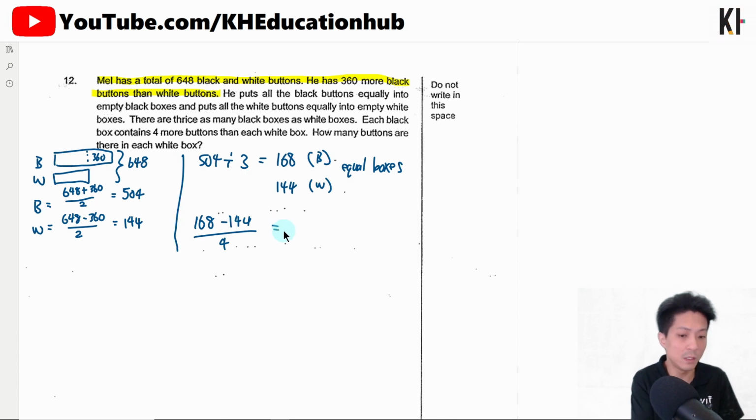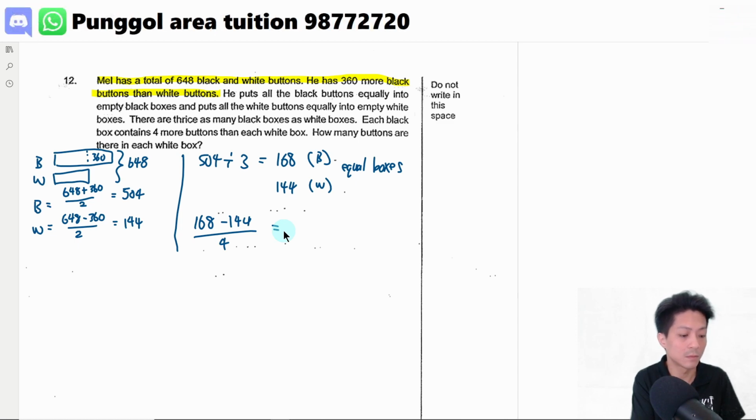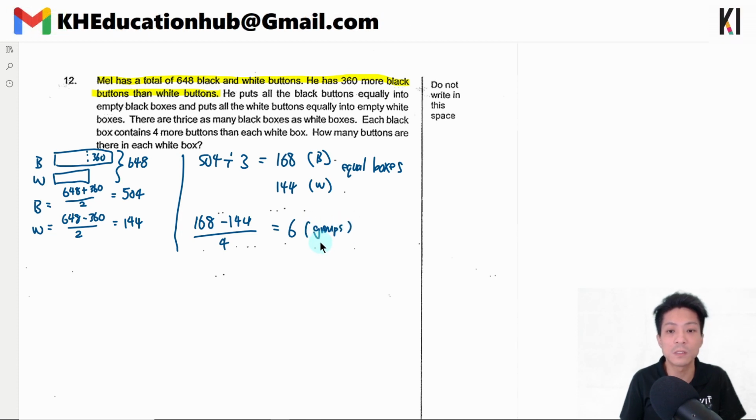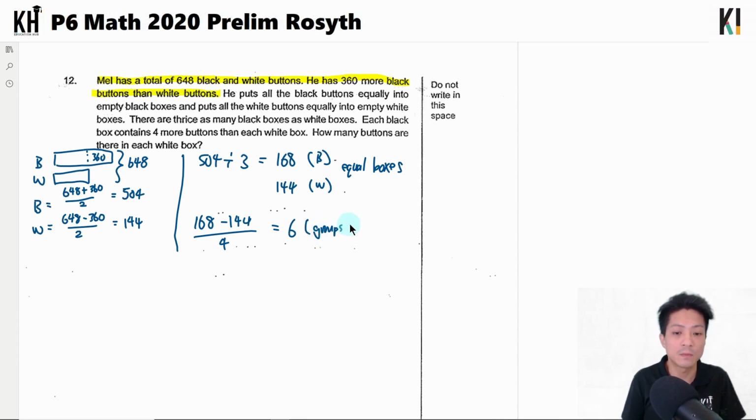This will give me 6 groups, or in this case, 6 boxes.